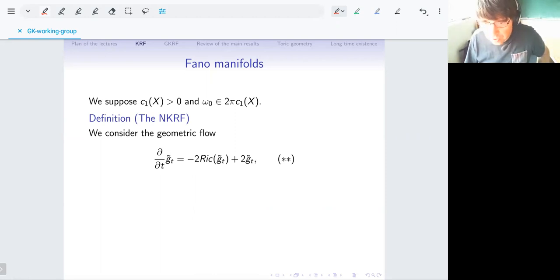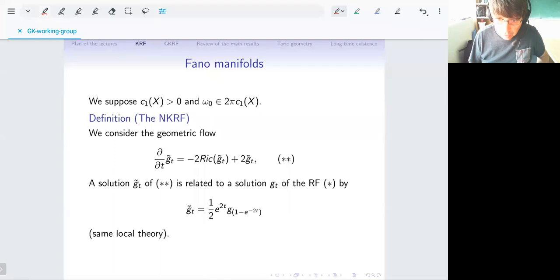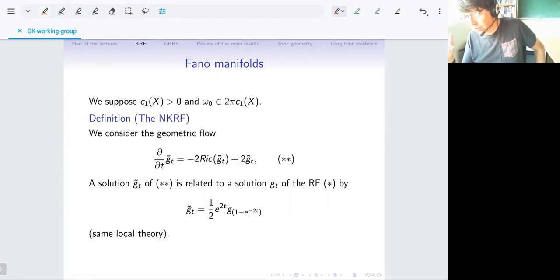Instead of minus twice Ricci, I will add twice g tilde t. So it's like the Ricci flow, but with this normalization factor. And from the point of view of local theory, this is a very innocent modification, because you could actually link the solution of the original Ricci flow to this modified or normalized Ricci flow by some sort of obvious substitution.